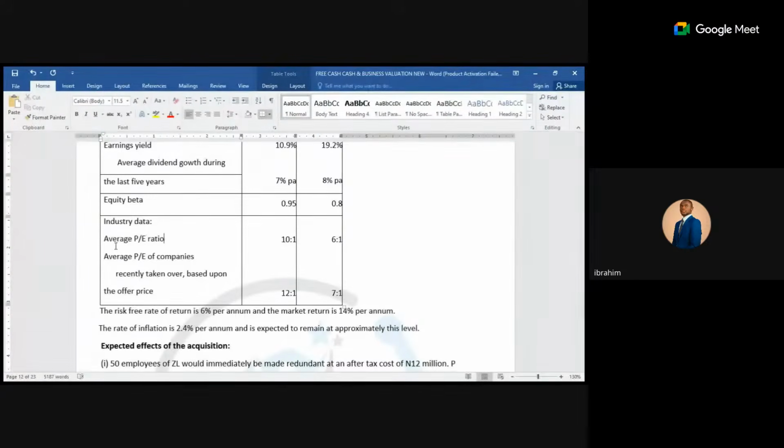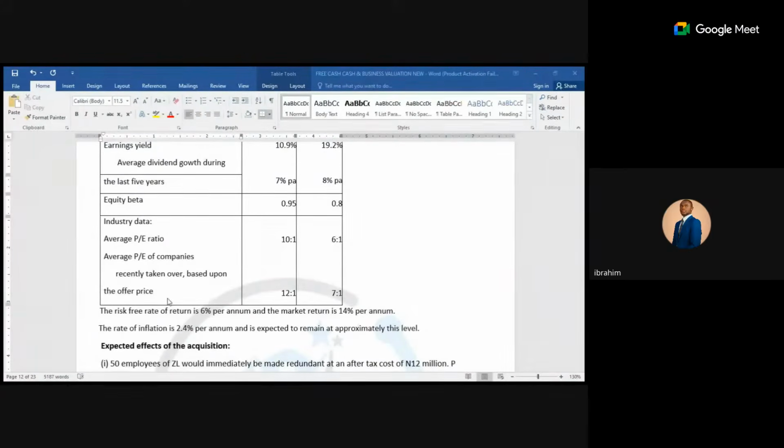So which one are we going to use? Is it the first one or the second one? To me, it's the second one. Why? Because they said average PE of companies recently taken over.